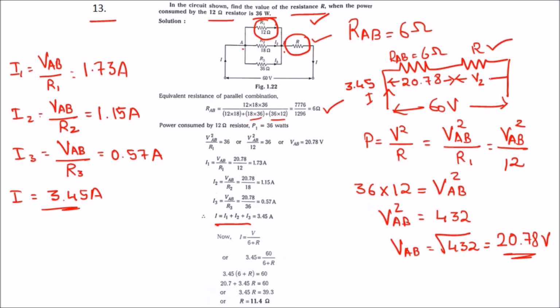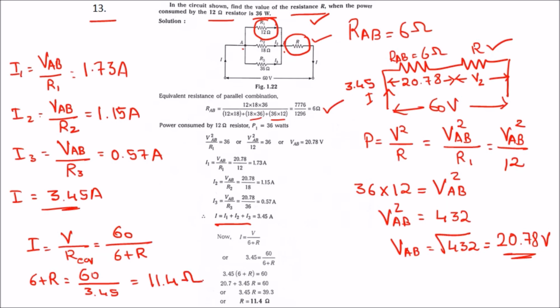We have the formula I is equal to V by R, where V is 60 and R equivalent is 6 plus R. So if I put 60 divided by 3.45 equal to 6 plus R, by simplifying this, we will get 11.4 ohms. The final answer is 11.4 ohms.